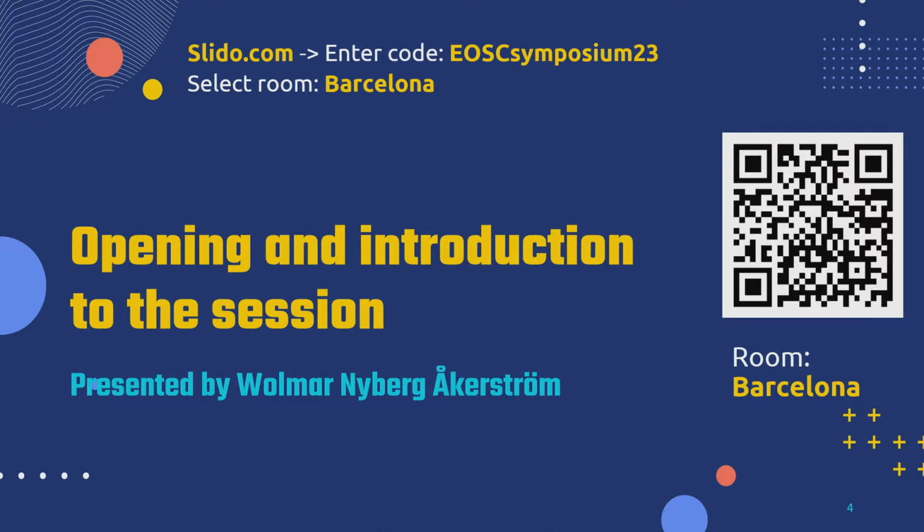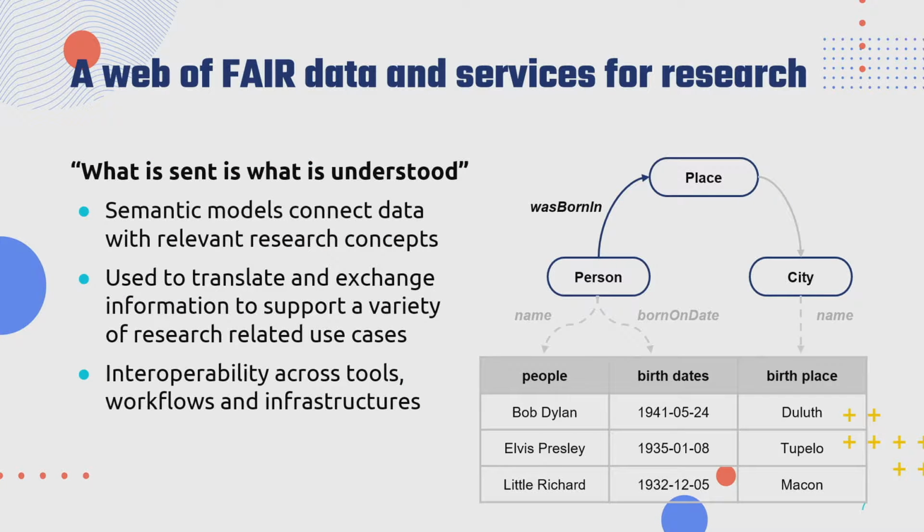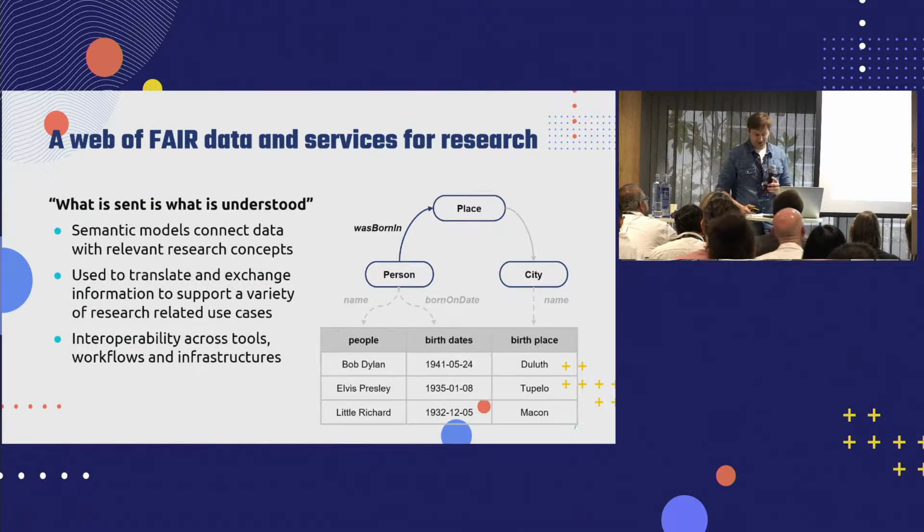I'm just framing the session for the other speakers, giving a short introduction of semantic interoperability in EOSC and beyond. And to start with, the idea for EOSC here is to have this connected web of data and services, or research artifacts more generally, perhaps.